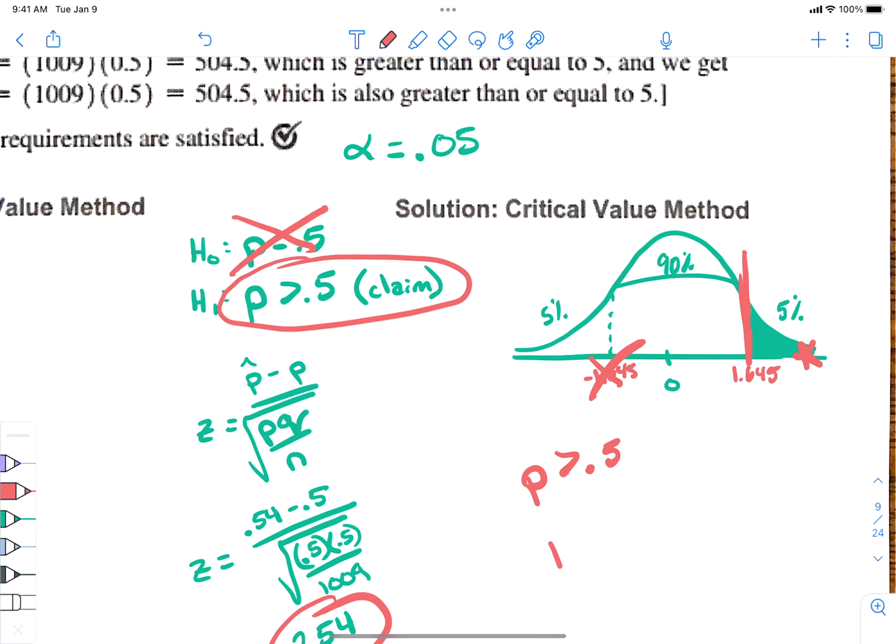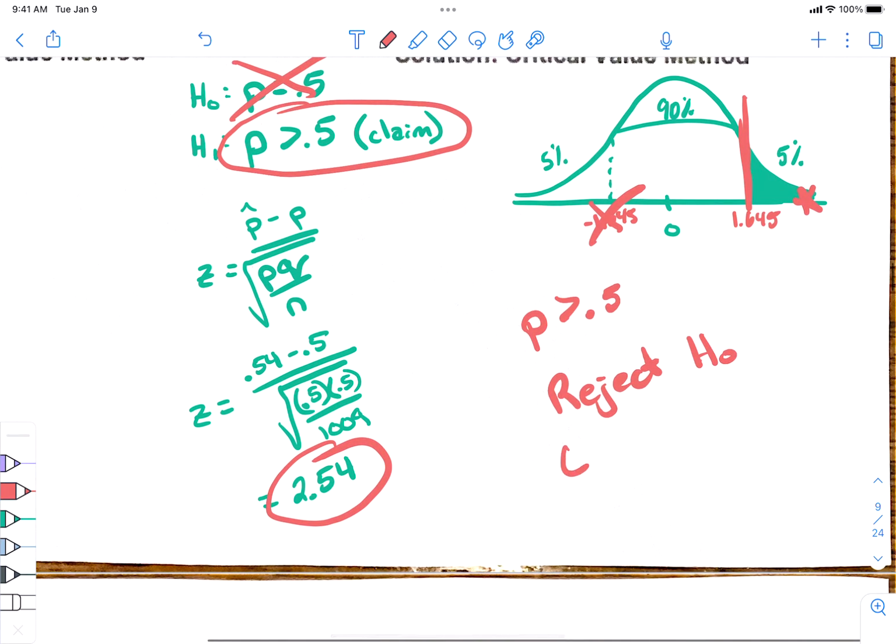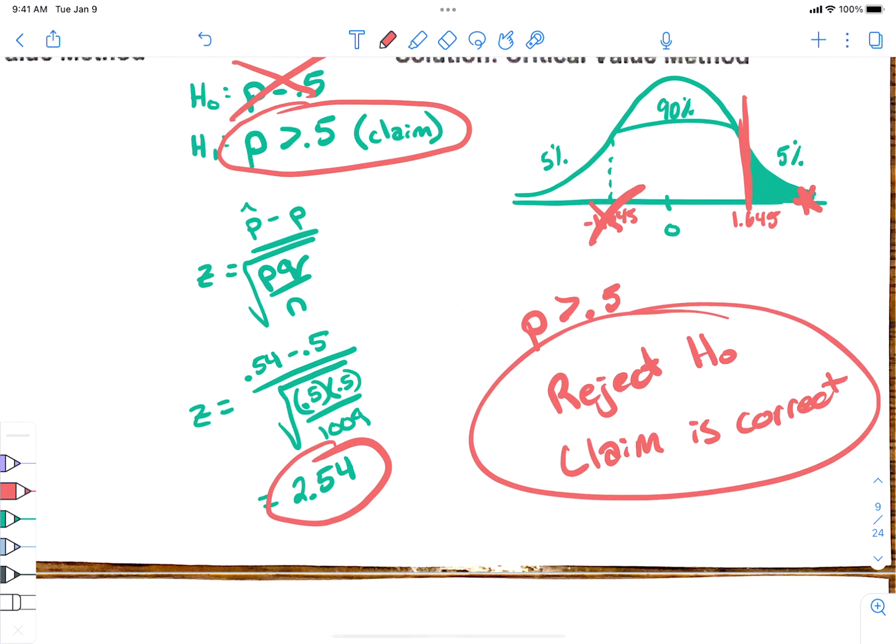So we are rejecting the null hypothesis. What does that say about our claim, though? Our claim is right. Our claim is correct. Does that make sense? Okay, now if our claim went with the top, then our claim would be wrong, right? But because our claim goes with the second one, our claim is correct. Happy with that? Good? Yeah.